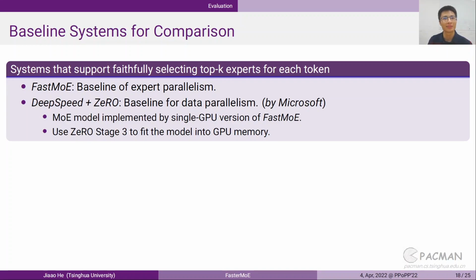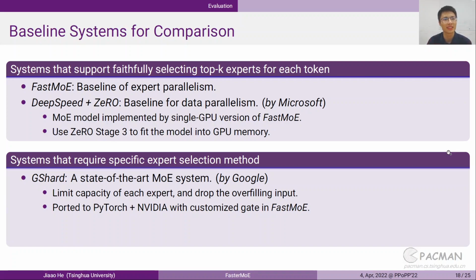The DeepSpeed baseline is for data paradigm. The MoE model implemented by a single GPU version of FastMoE is parallelized by ZeRO optimizer stage 3 to fit into the limited GPU memory, and it is the same memory footprint as expert paradigm, and this is the only way to train the large MoE models.